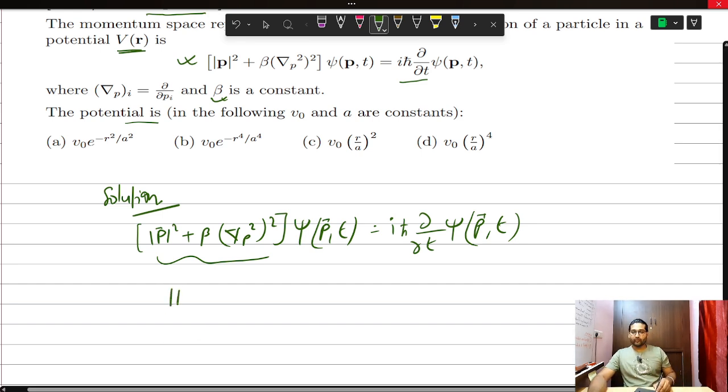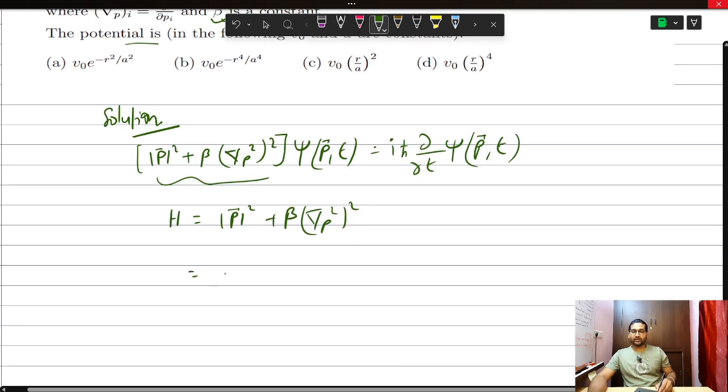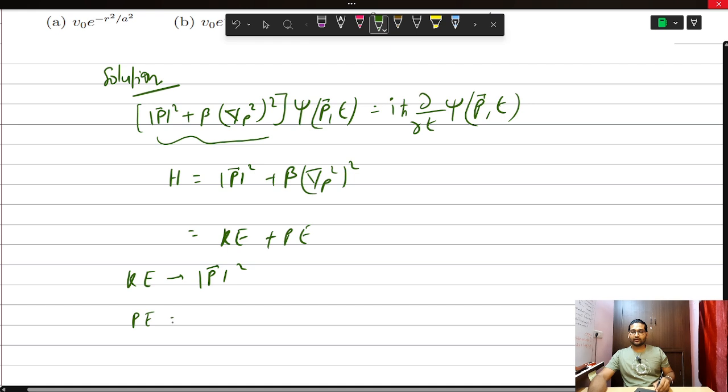The Hamiltonian in momentum space is p mod squared plus beta (del upon del p) squared. So the Hamiltonian is written in terms of kinetic energy plus potential energy. The kinetic energy is represented here by p mod squared and the potential energy is given by beta (del upon del p) squared.